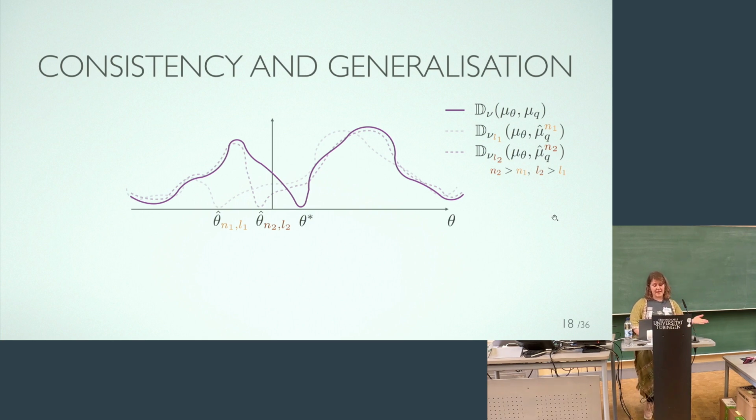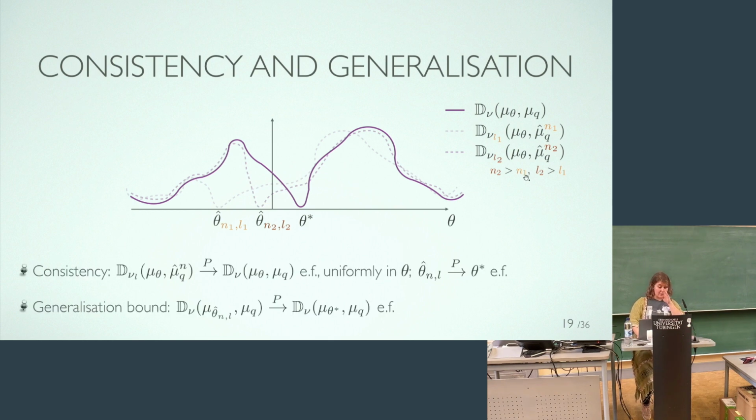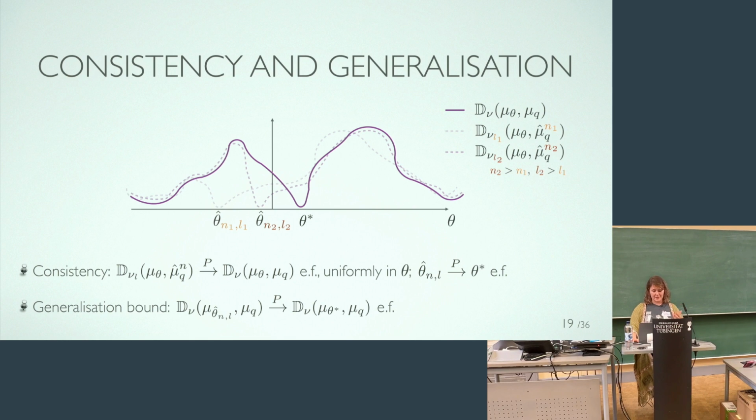So as n and L grow to infinity, our estimated minimizers go to the true one. And we have that under some pretty mild assumptions. I'm skipping the assumptions for the purpose of the talk. If you want to know about them, find me later.